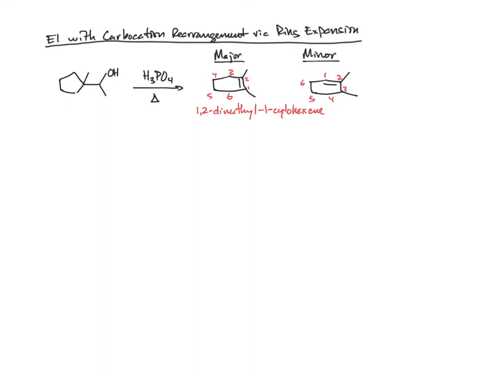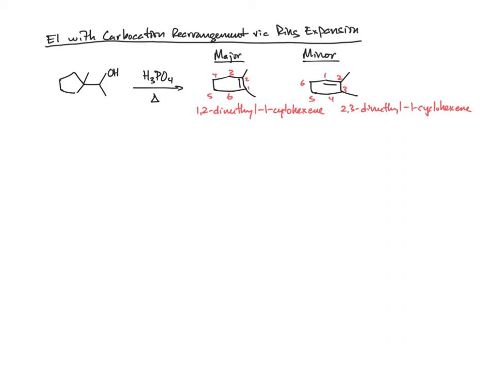So this would be 2,3-dimethyl-1-cyclohexene. So notice the numbering is slightly different just to give the substituents their appropriate locant numbers.